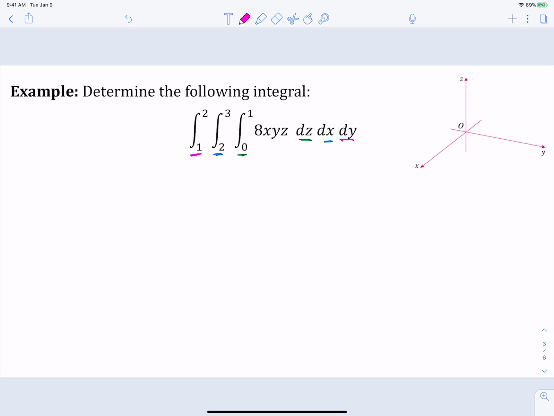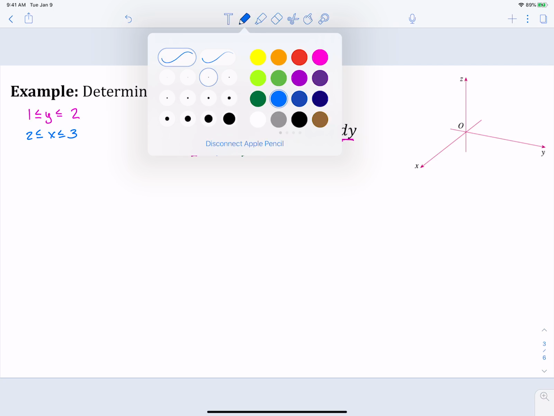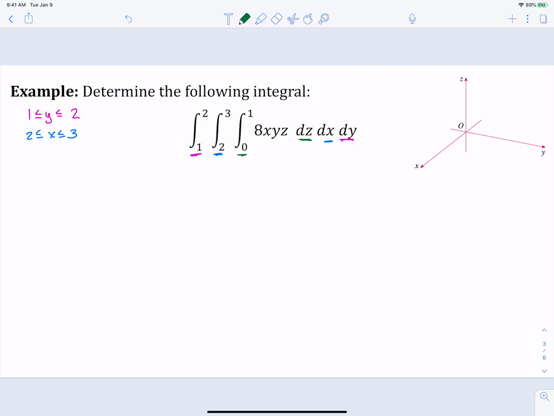So these limits of integration tell us that y we're going to look at from 1 to 2, x from 2 to 3, and z from 0 to 1.